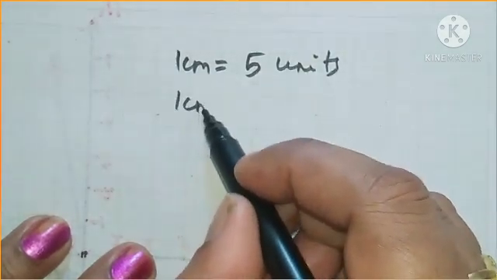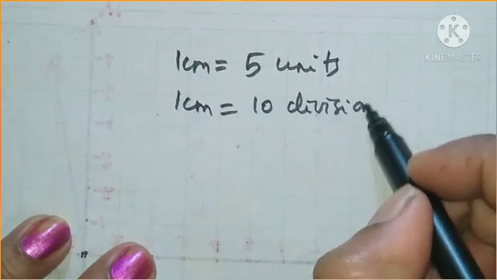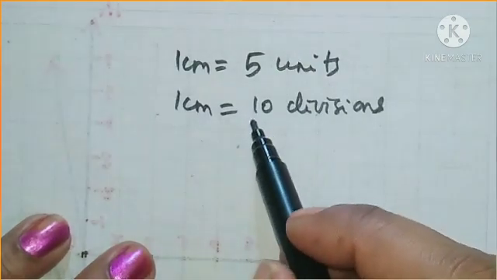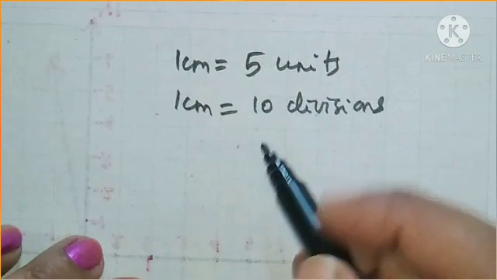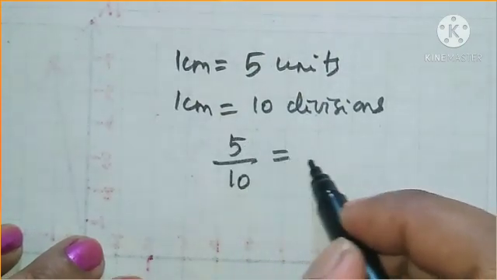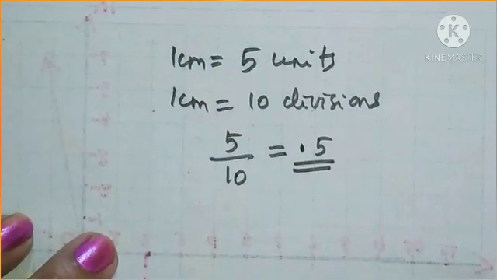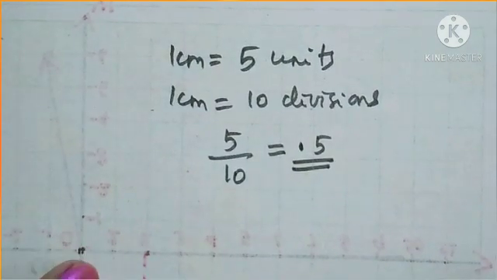So 1 centimeter is 10 divisions. To find out the value of one small line, you divide 5 by 10. 5 by 10 is 0.5. So this is the way to understand the value of one small line.